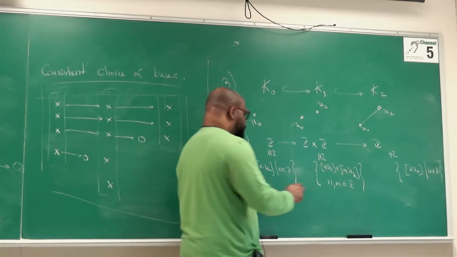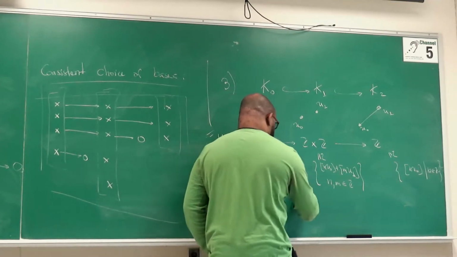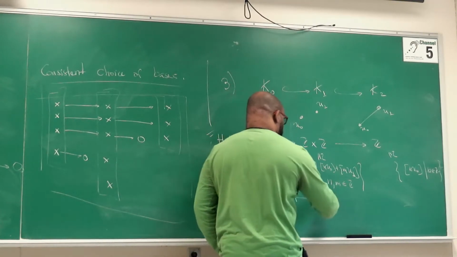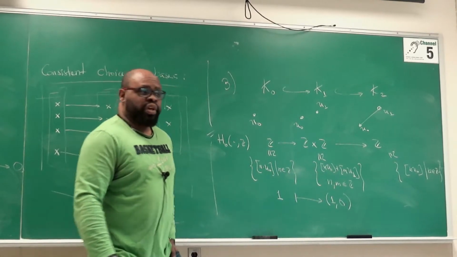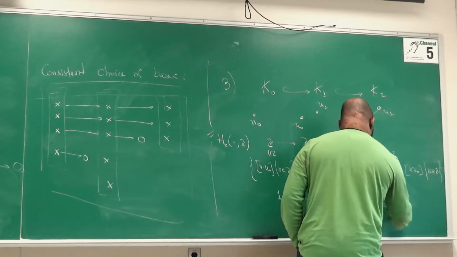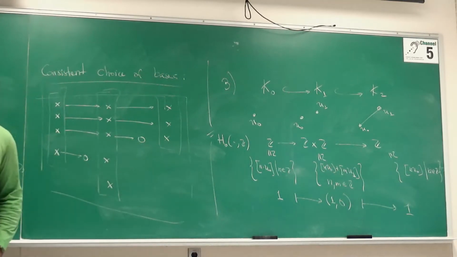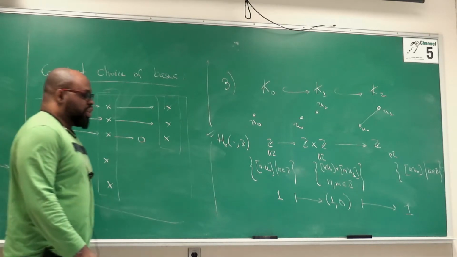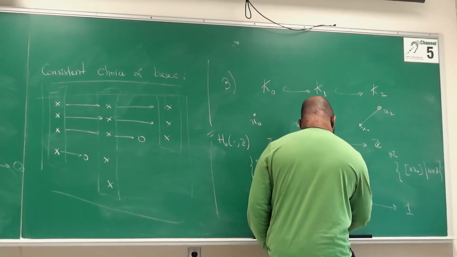With this choice of bases, I have that 1 goes to 1, 0, and 1, 0 goes to 1. I could choose another basis element, like 0, 1.